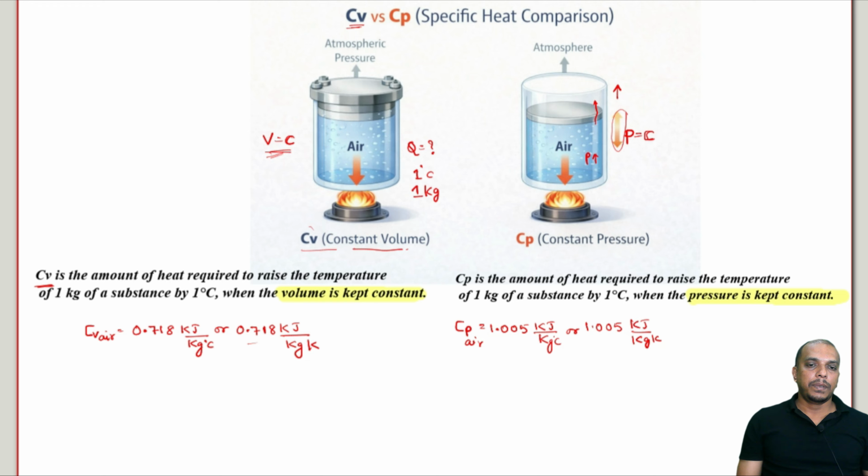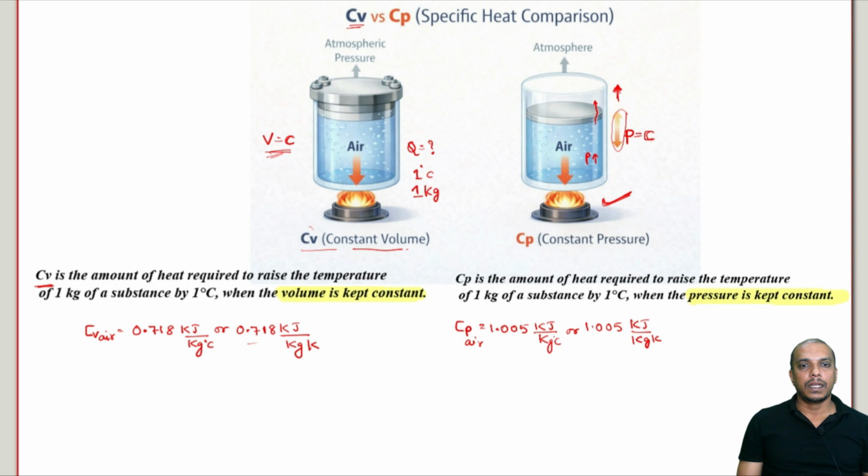The value of CP is a little higher than the value of CV. We can see that if we start heating in the second example, not all the heat we are adding results in a temperature rise. Some energy is utilized in moving the piston.